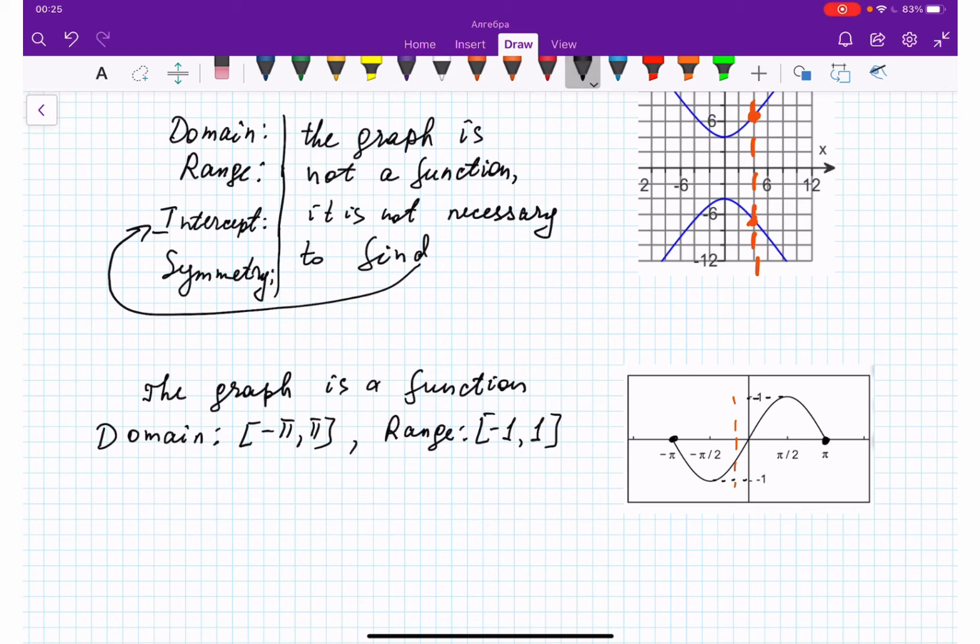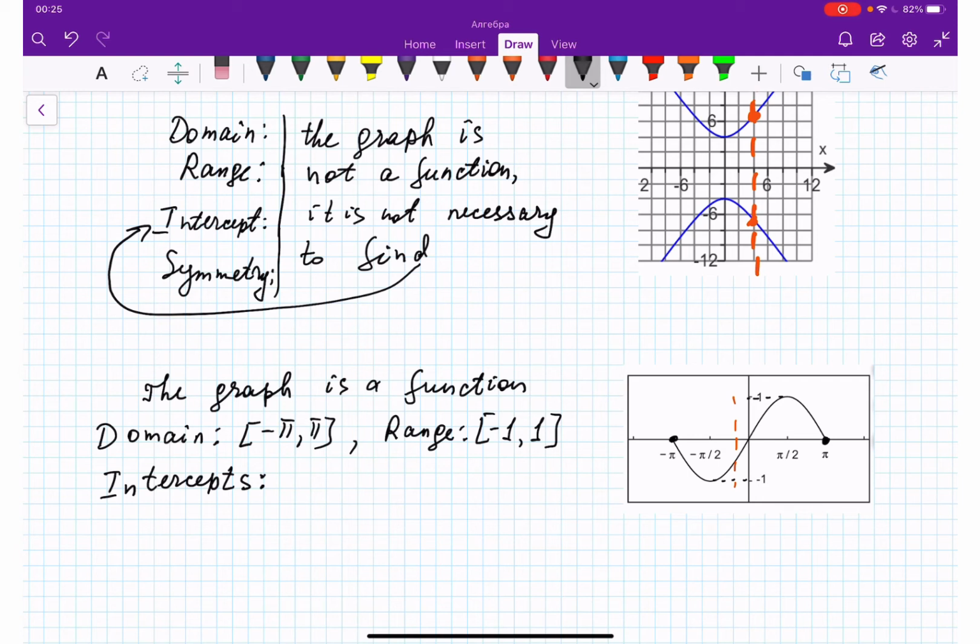Okay, next question, intercepts. What are the intercepts? Since here it doesn't ask for y-intercept or x-intercept, it just asks for intercepts, we are going to put them as points, okay?